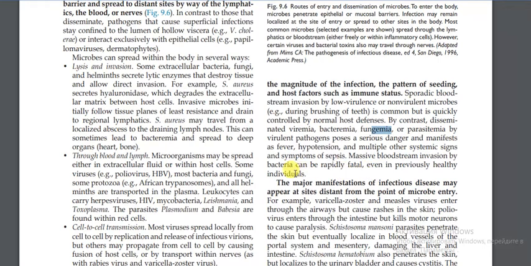So it can cause death, even in healthy individuals.